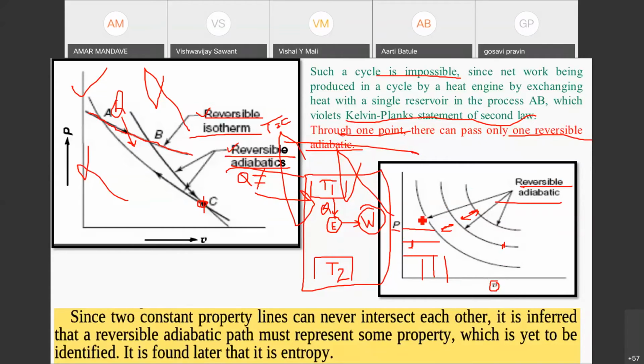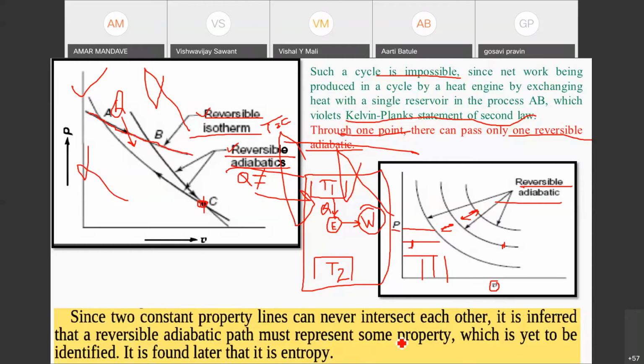The horizontal lines denote the property pressure. Similarly, the vertical lines also show a property value. Similarly, the reversible adiabatic lines must show some property of a system, and that property is known as entropy.